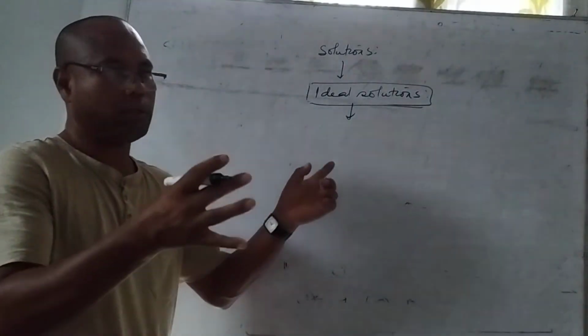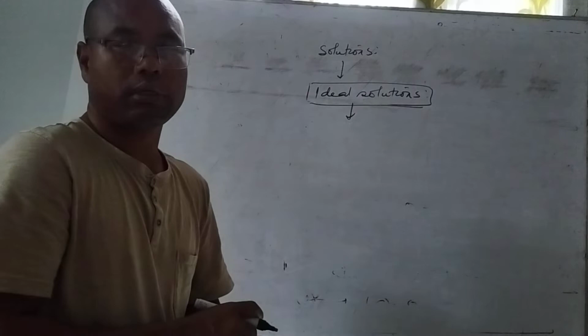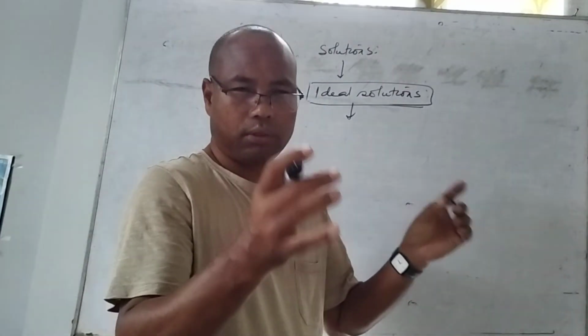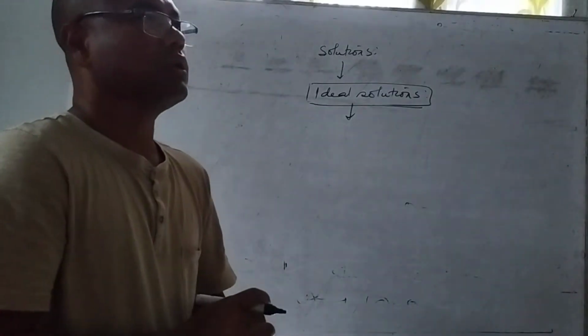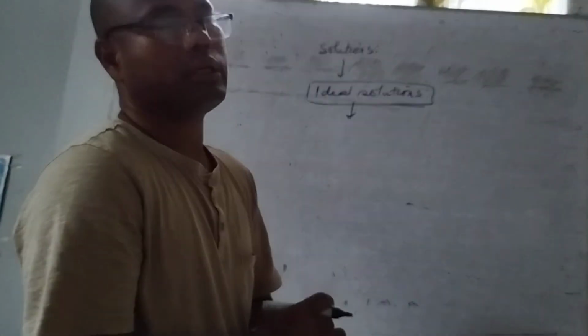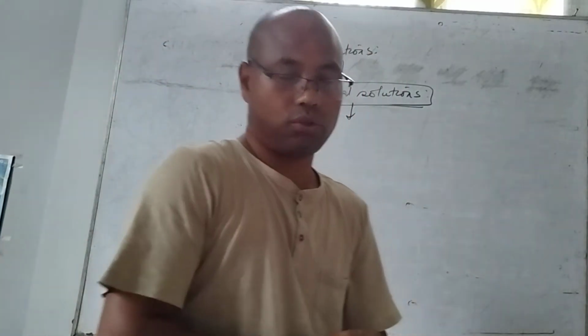There are so many liquids, compounds and chemical substances in our chemistry. When we mix any of the liquids, can we consider that mixture as an ideal solution, or as a non-ideal solution?